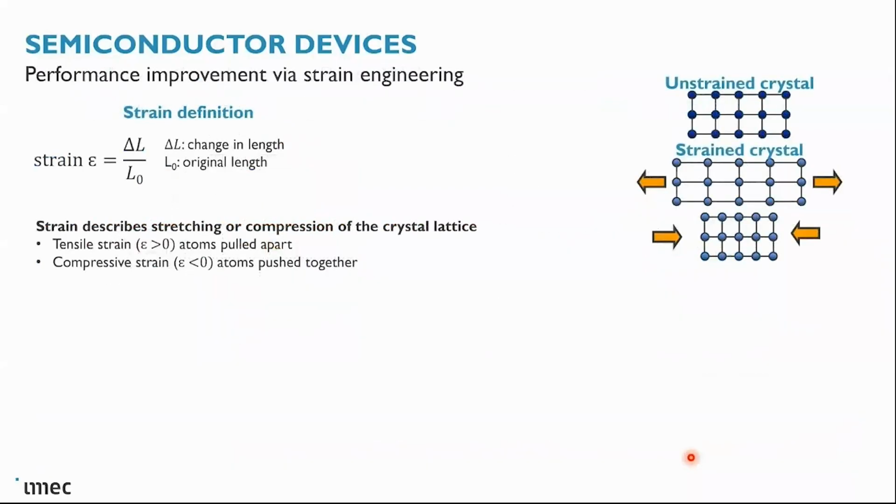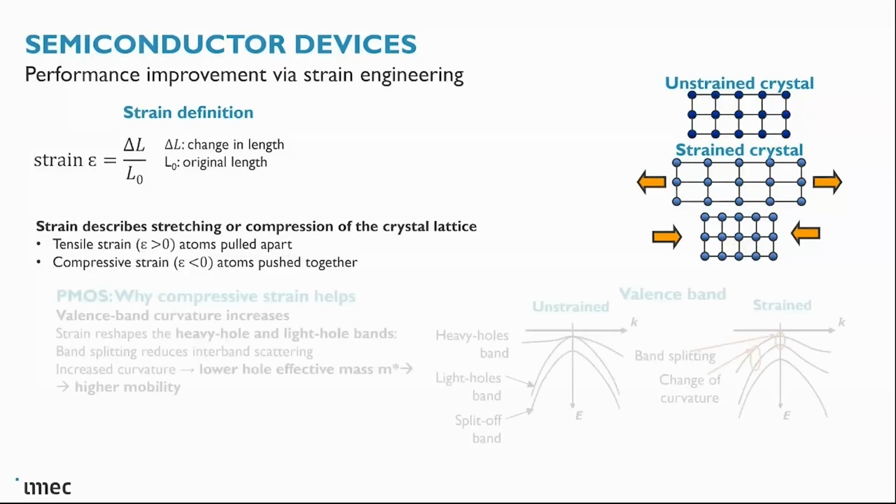Now, let's talk about strain. Strain is defined as the relative change in length compared to the original length. It describes the variation of the crystal lattice, which can be tensile strain if we pull the atoms apart from each other, or, if we push them closer together, we speak about compressive strain.